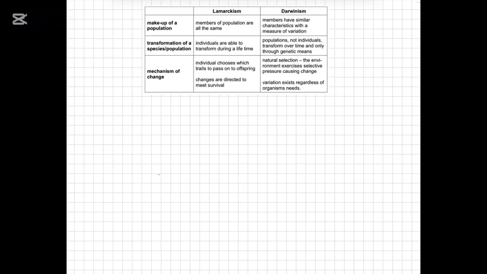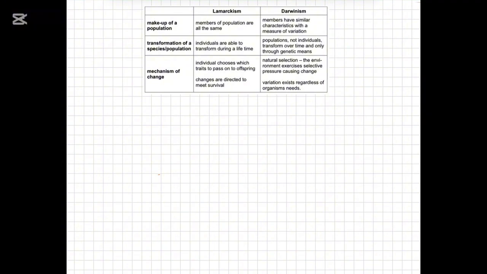Lamarck also believes that organisms change whatever characteristic they want to, like the giraffe stretches its neck because it wants to reach the leaves at the top of the tree. While with Darwin, he believes that a population is the one that changes, and they change genetically, and not just changing their characteristic.